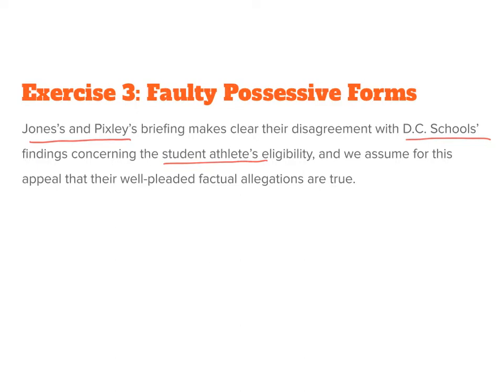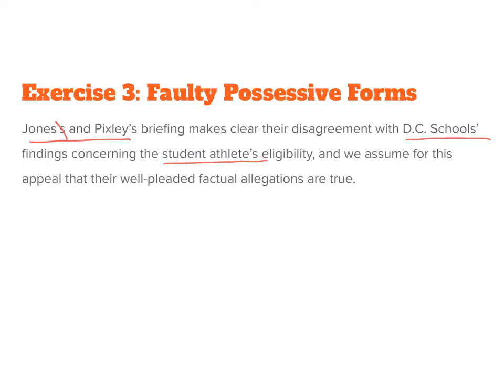And so you would form the possessive just with the second part of that phrase. So Jones and Pixley's briefing. And again, what that indicates is that those aren't two separate entities, but one single entity.